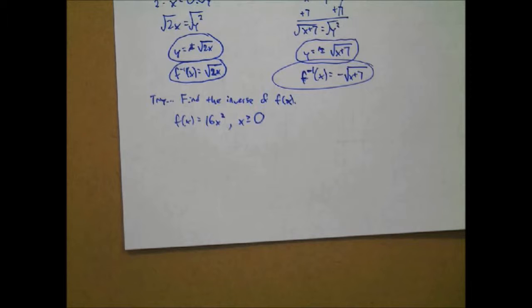Okay, did you swap your x and y? You did, so now what's with the y that you need to get rid of? 16, how do you get rid of 16? Divide both sides by 16, yeah. So you can multiply by 1/16 for the x. Okay. And so you have y squared equals x over 16, right?